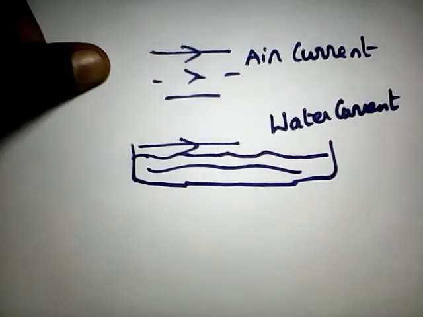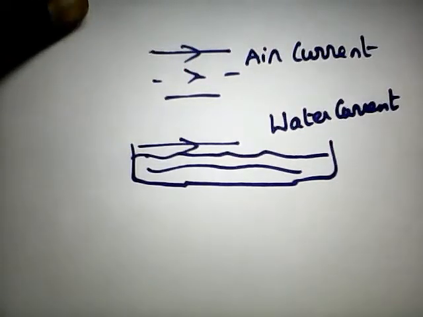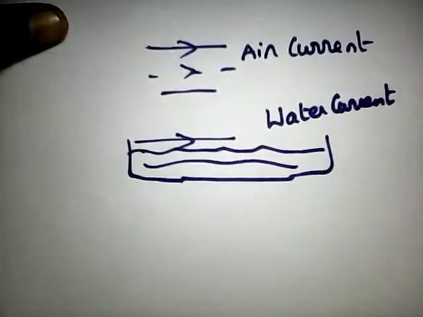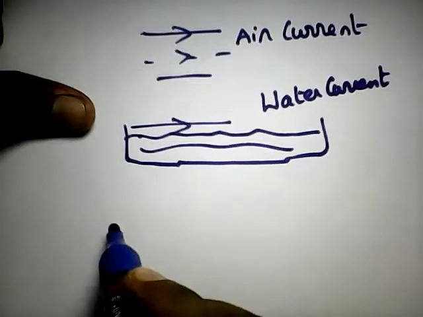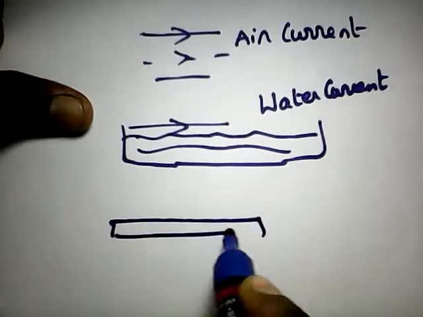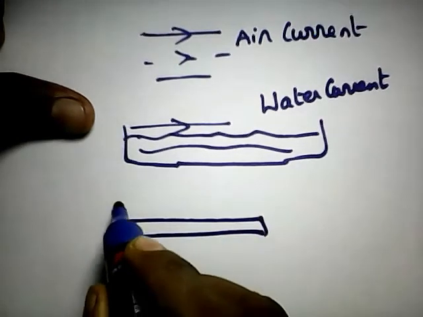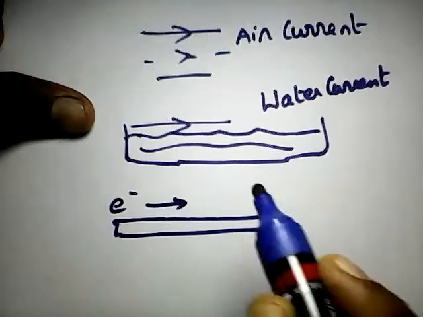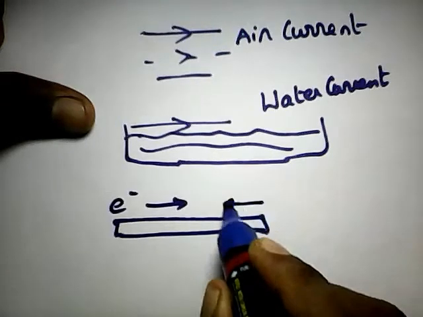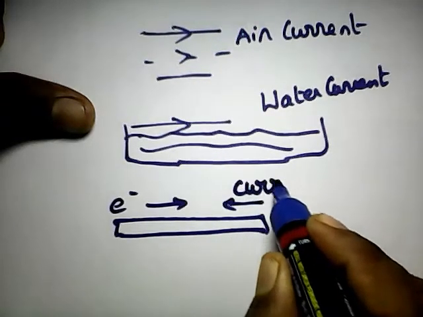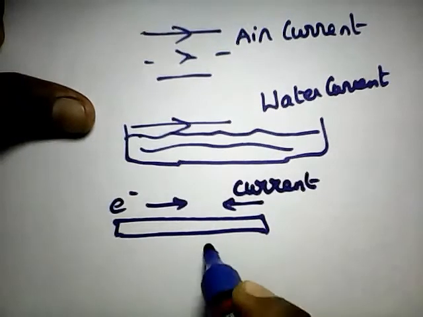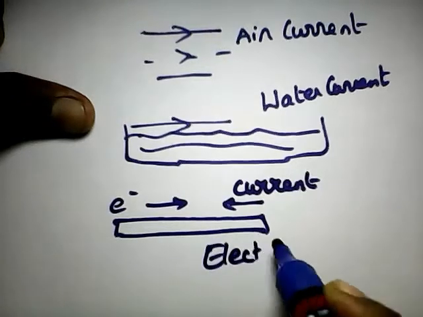Similarly, the electrical charges move from one point to another point. That we call electric current. That is, if you see a conductor like this, when the electron moves in this direction, then the current flows in this direction. So this is called electric current.